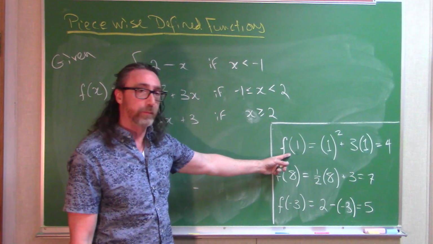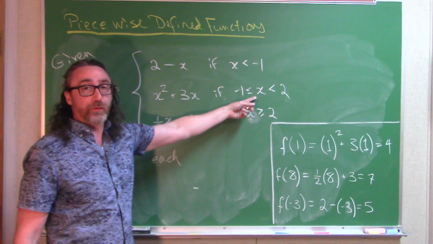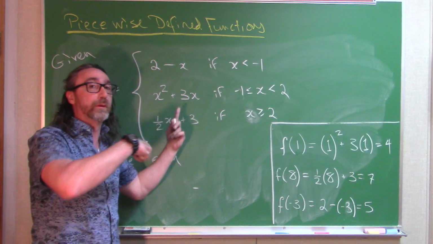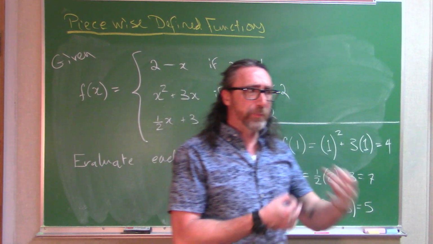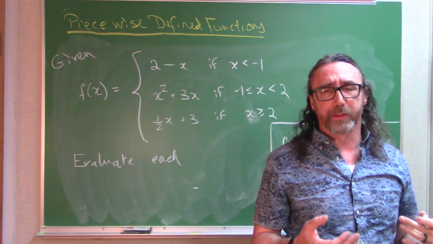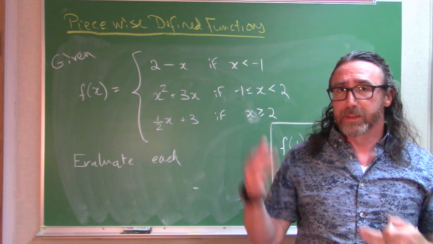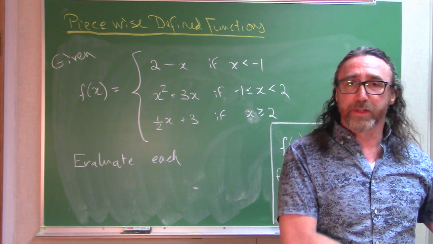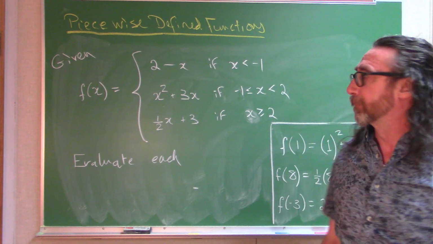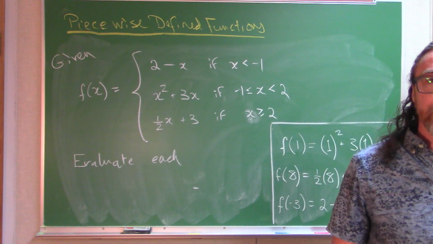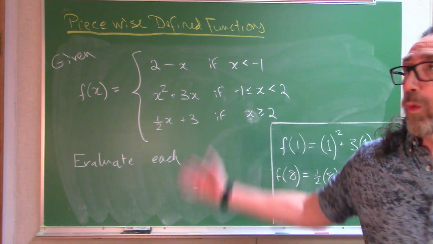Right here, f of 1, we meet the condition on the second line, so we use the rule on the second line. Okay, so piecewise defined functions give us a way to deal with scenarios where different inputs require different rules. And it actually comes up fairly frequently. Okay, so not too hard to deal with once we know what all that means.